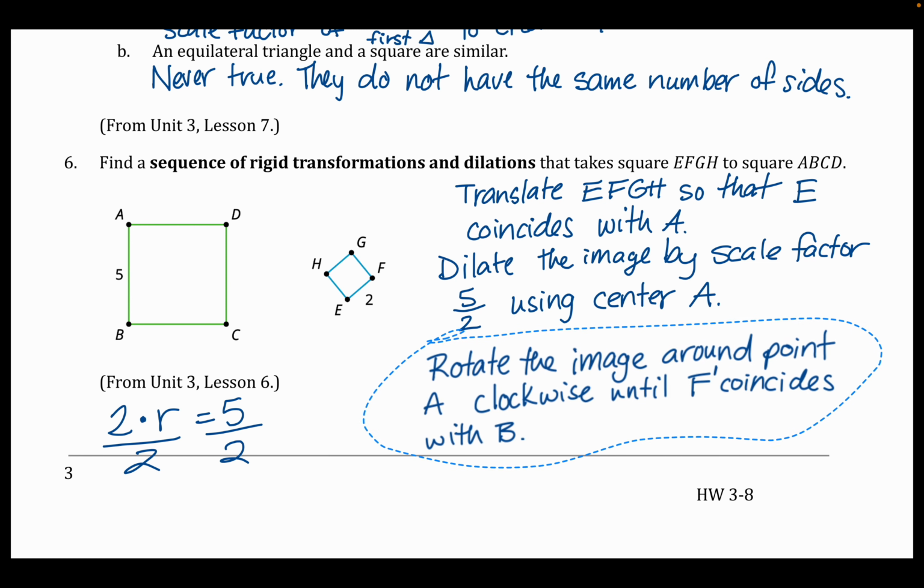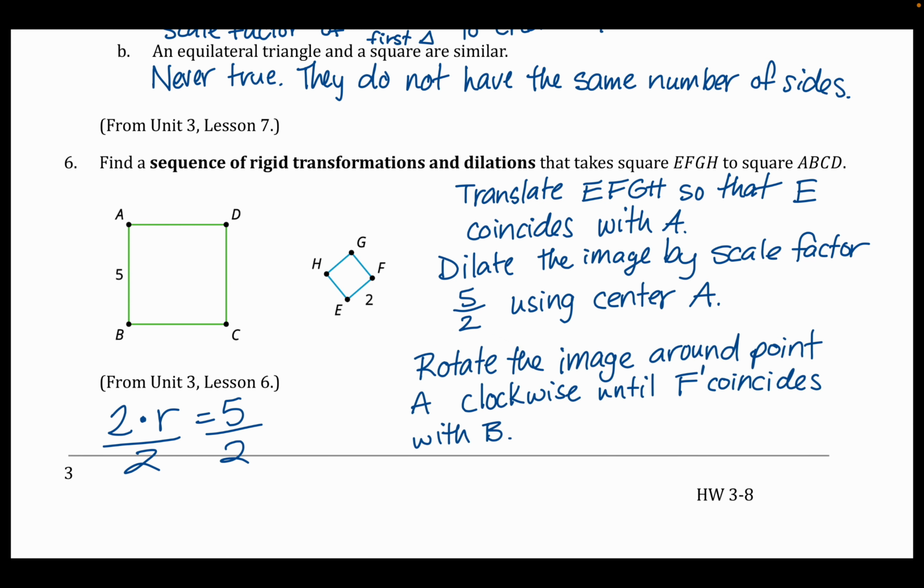We need to switch our order here because our shape would not be the correct size to rotate until F coincides with B. We would just be rotating forever and it would never actually touch if we did that as step 2. So we do need this to be steps 1, then 2, and then step 3. That was my bad.